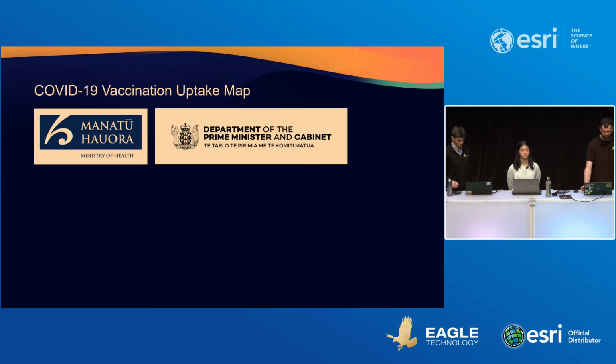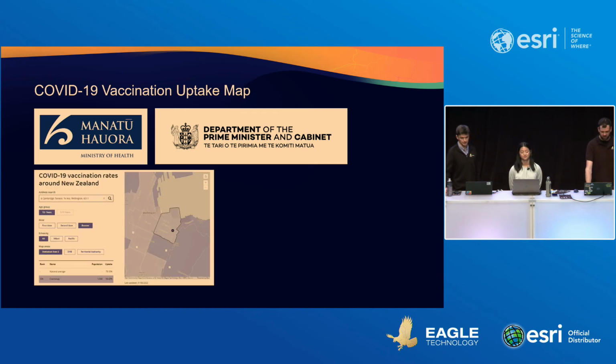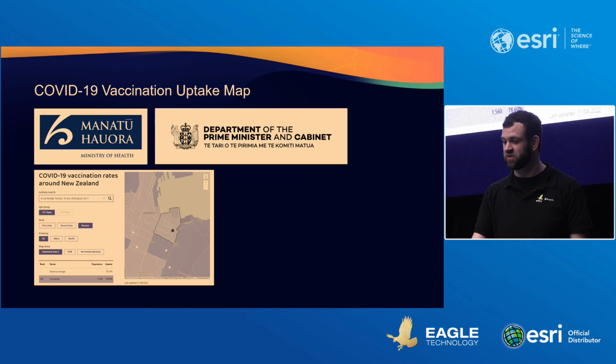It did go somewhat viral, which is why I'm talking about it here. So what this app was, there's a quick image of it, and I'll give a quick showcase for this, the intention of this app was to show your location, your vaccination rate for your SA2, so your statistical area 2, your DHB, and your, I think it was TA was the other category we had.